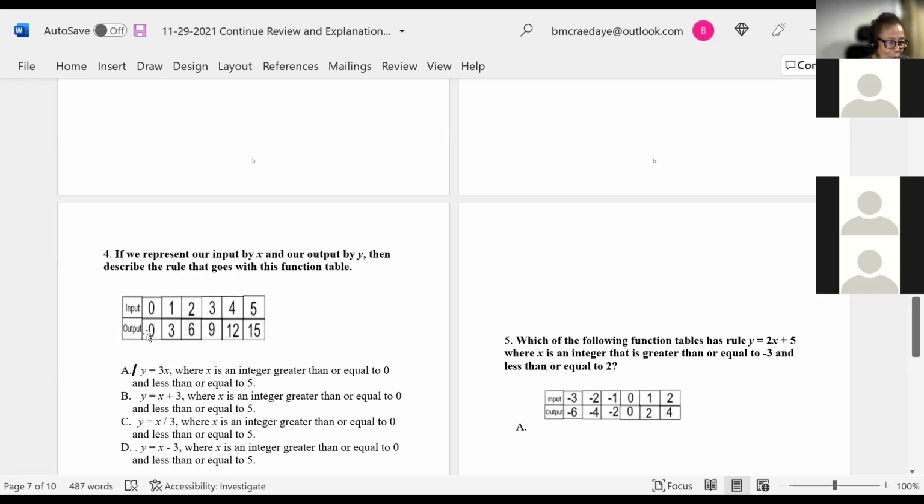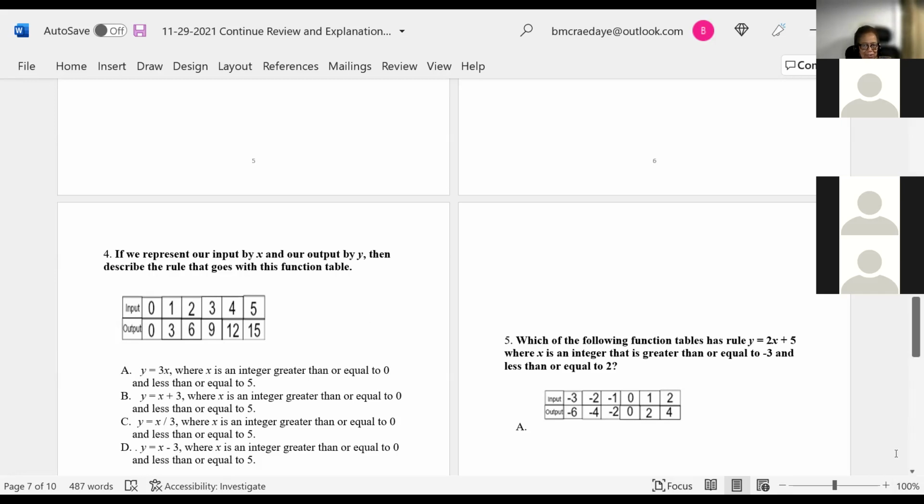So output Y is 3 times the value of X. And it's greater than or equal to 0, because you see a 0 value, and less than or equal to 5. So there's your range there from 0 to 5.